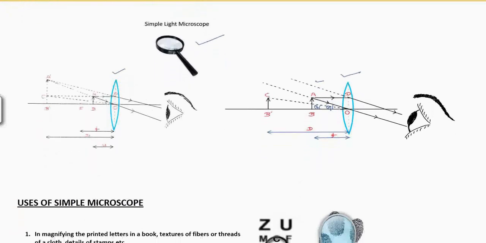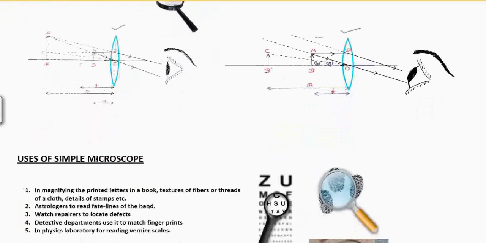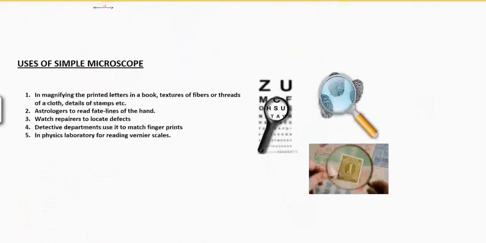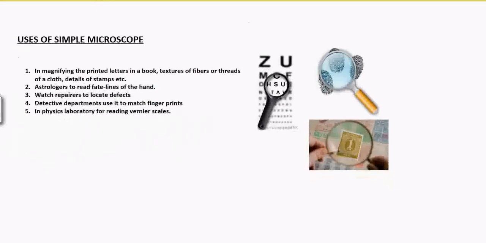These are the different uses of a simple microscope. A simple microscope is used for magnifying the printed letters in a book, textures of fibers or threads of a cloth, details of stamps. See, here are some diagrams of uses of a simple microscope.